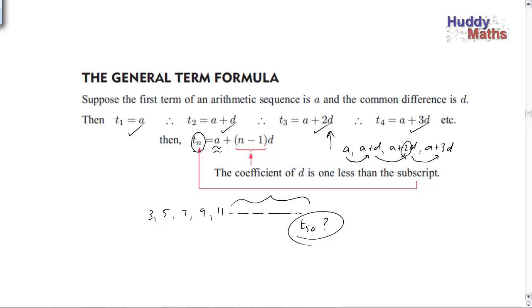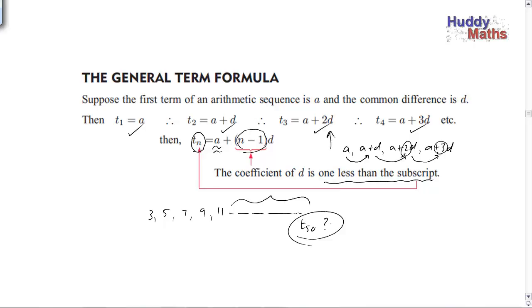And the fourth term has 3 Ds. Oh, the number of Ds is 1 behind the number of terms. Simple idea, because the first one didn't have any Ds. So your first lot of Ds were added to get the second term. And the third term's got 2 Ds. So the number of Ds is 1 less than the number of the term, the subscript if you like.